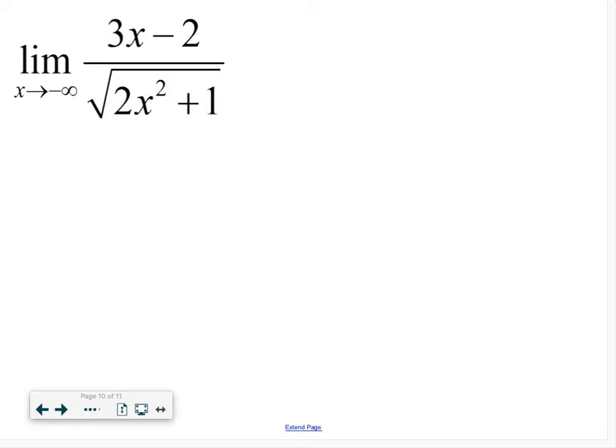Now we're towards negative infinity. So that's the next one. Yeah, that's the answer. So if there's an x, we still need to evaluate it. But once you have a number and there's no x, there's nothing to plug in. We're good.